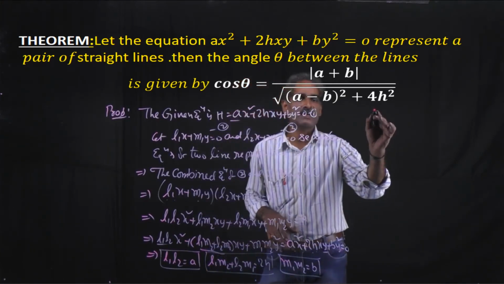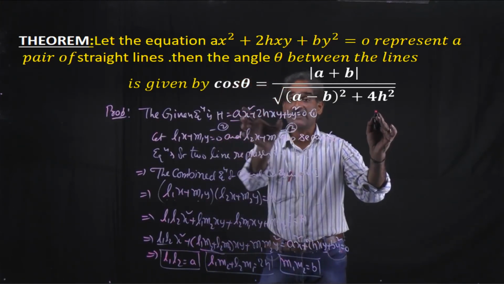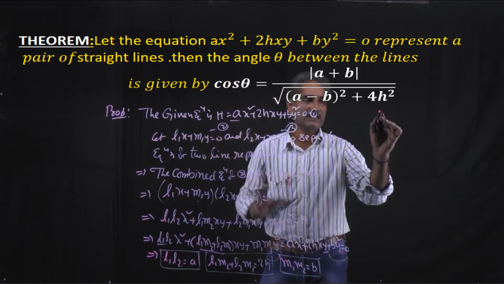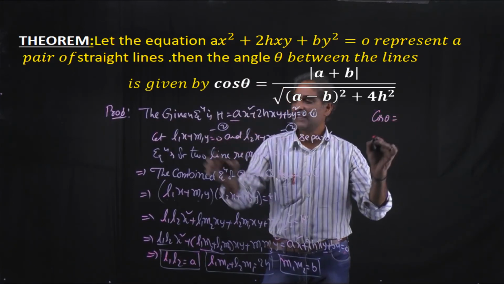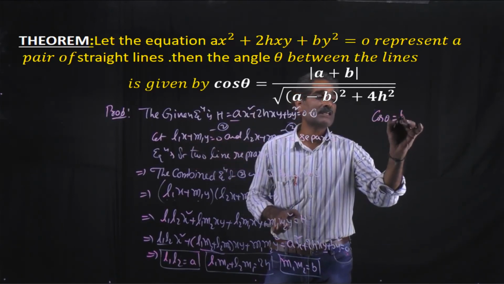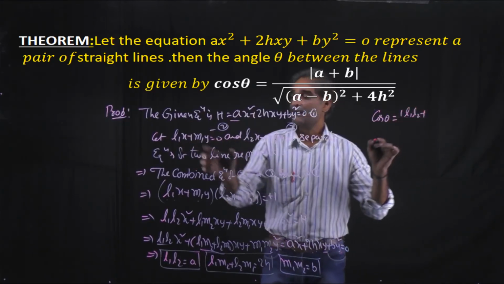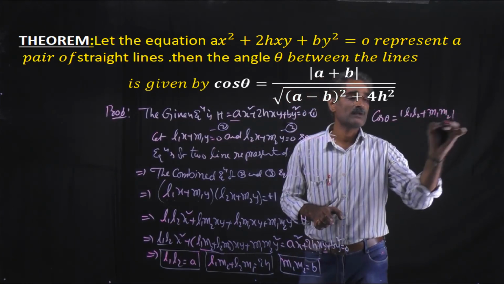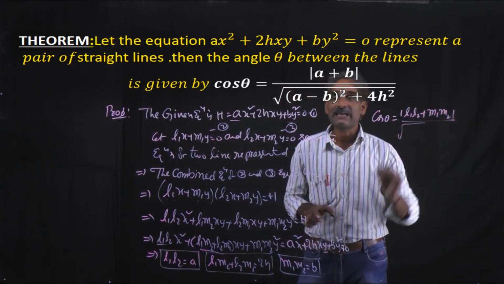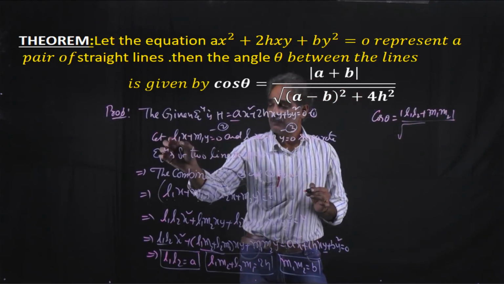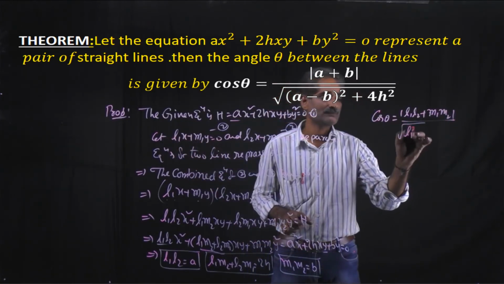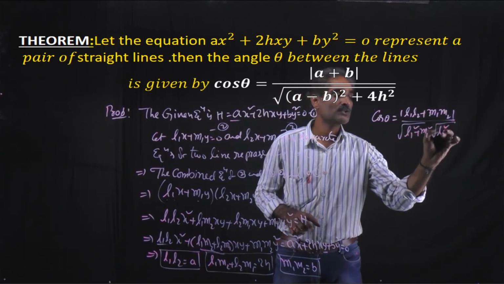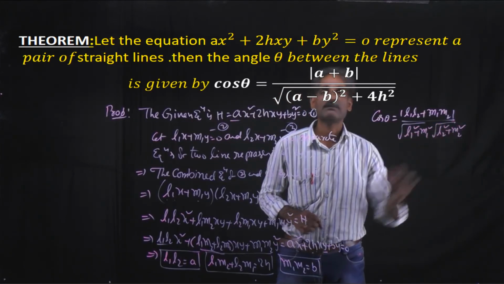Given that theta is the angle between the lines, these are the separate equations of the lines we assumed. So cos theta is equal to L1 L2 plus M1 M2 by the square root of L1 square plus M1 square, L2 square plus M2 square.